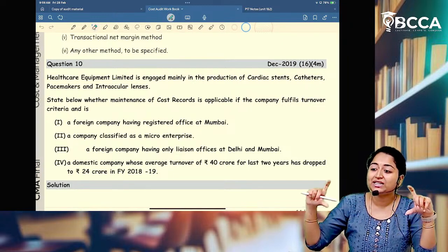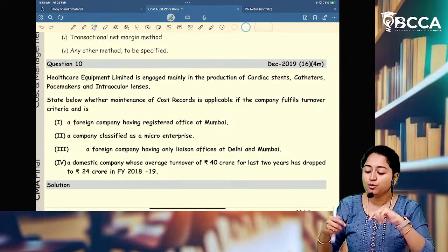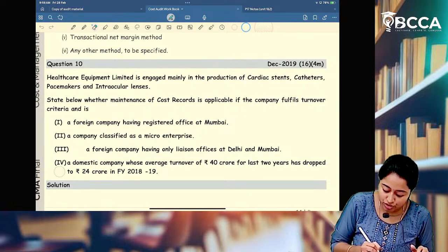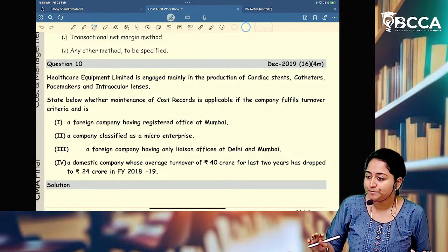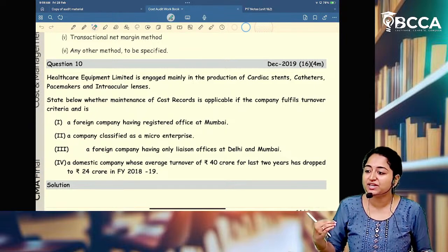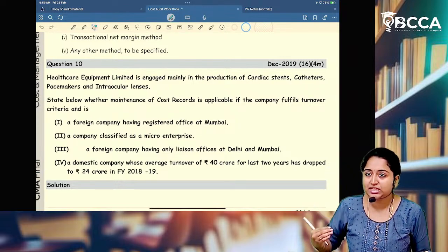This will be your entire provision. And then you will mention 1, 2, 3 and 4, and then you will write your conclusions for the answer. Clear? So if you are presenting in such a way, then you will have a neat presentation.